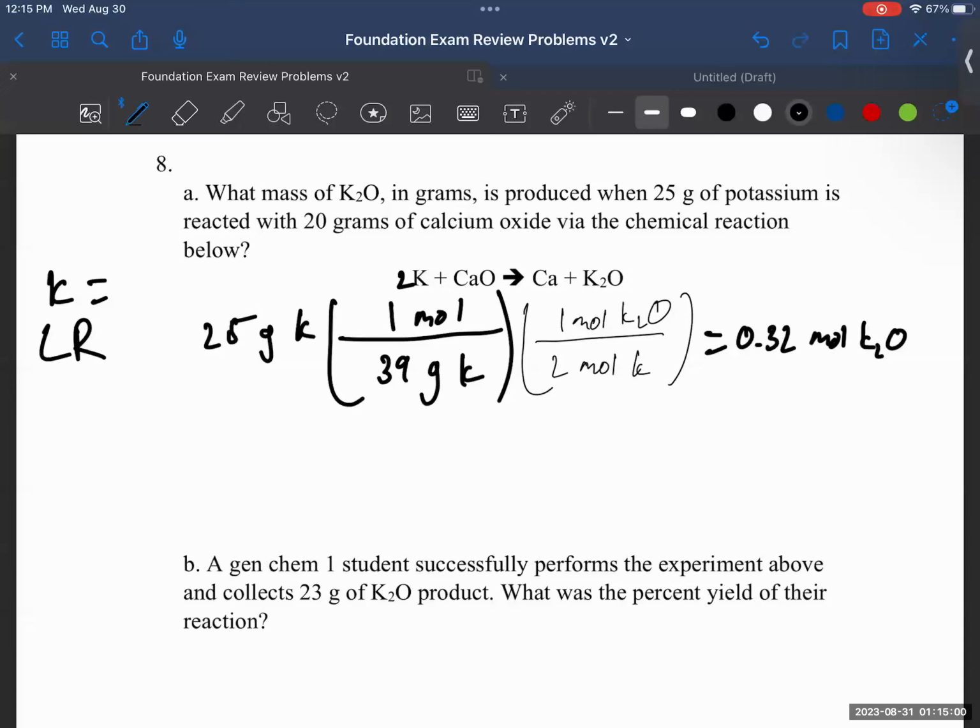Because it says what is the mass of K2O in grams. It's always important to read the question. So 0.32 moles of K2O. How do we get from moles to grams again? Times molar mass. So 1 mole is how many grams? What's the molar mass here?